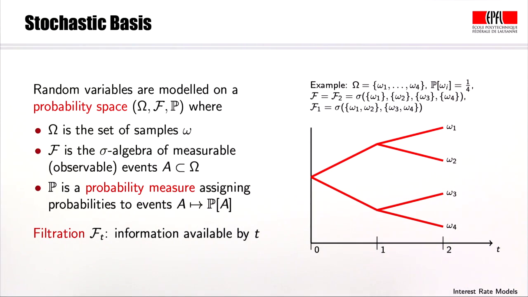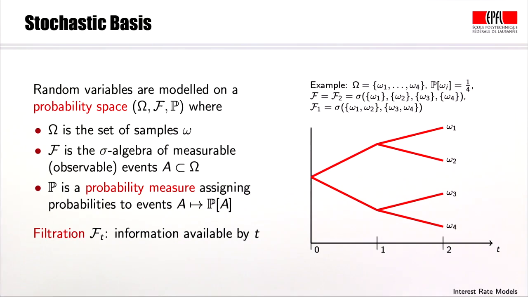Random variables are modeled on a probability space. This is a triple consisting of the set of samples omega, and on this set of samples omega we have a structure which is called a sigma algebra, which is denoted by calligraphic F. This is the collection of the so-called measurable events.